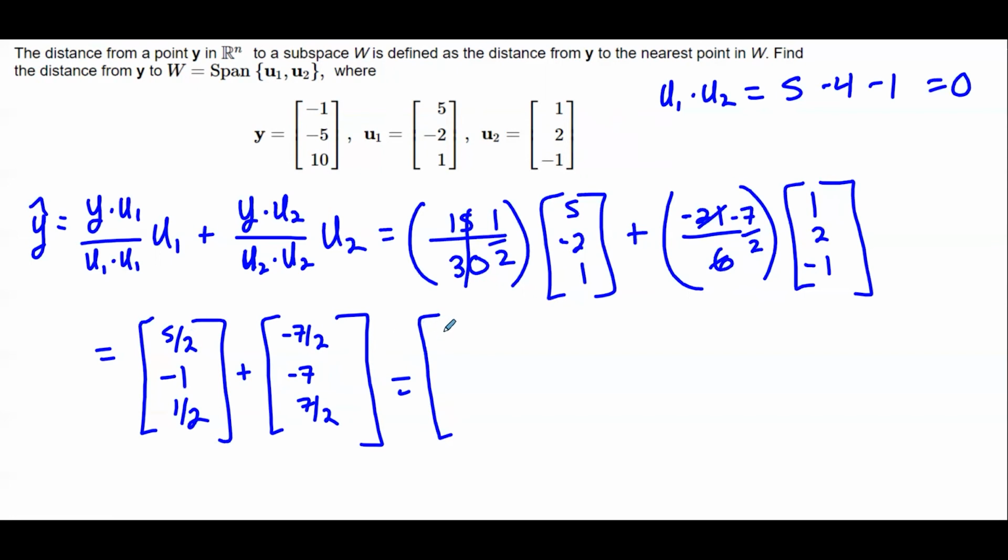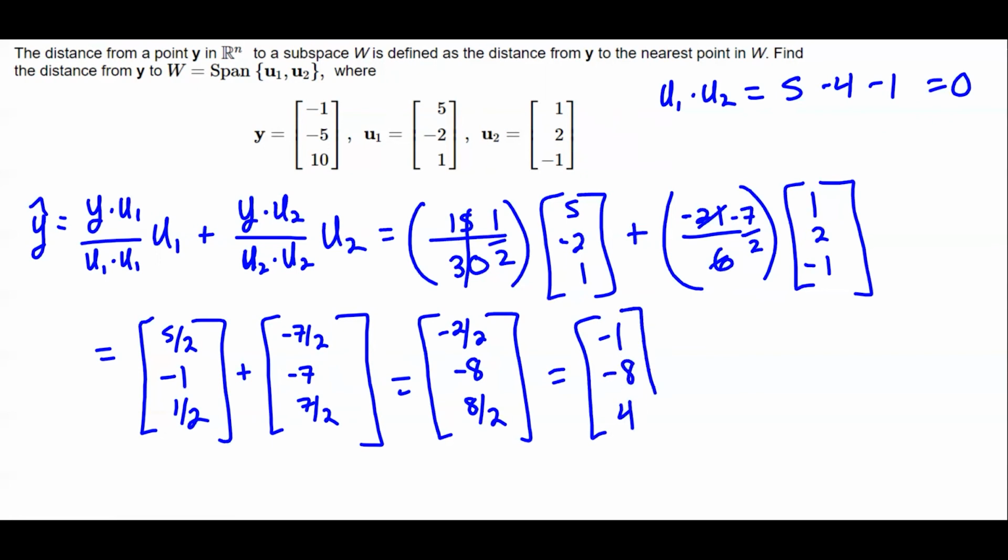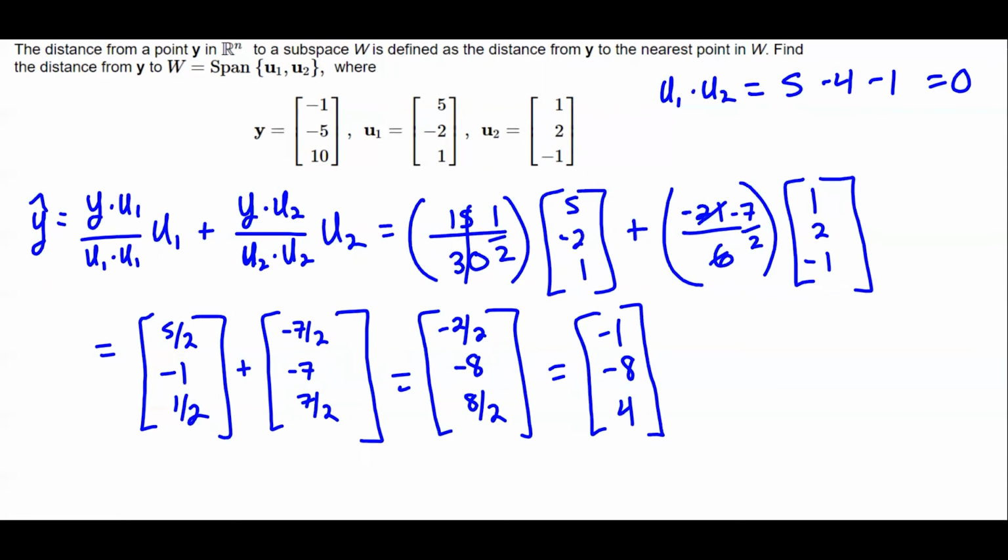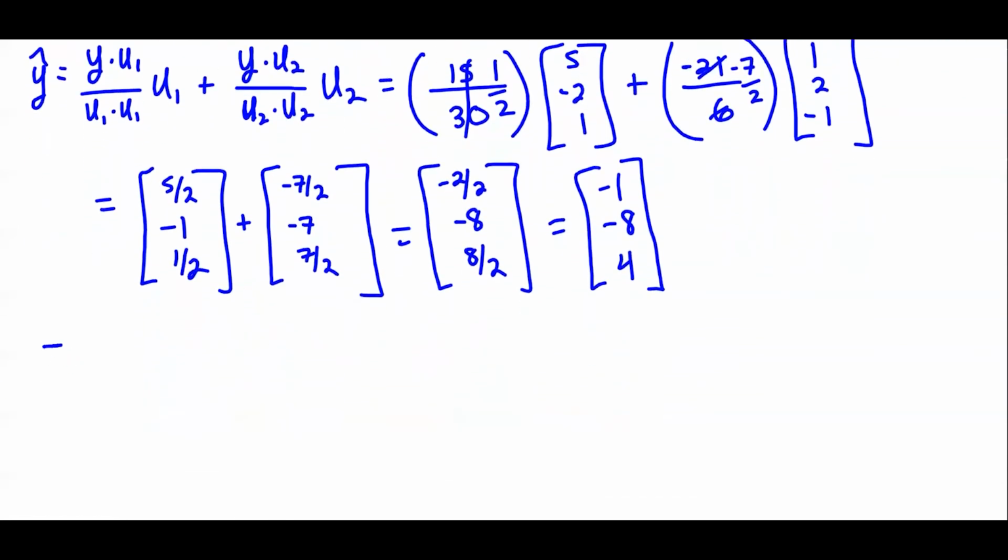But when I add these together, I get -2 halves, -8, and 8 halves. That gives us the vector -1, -8, +4. So that's my projection. So now I need to find the vector orthogonal to the plane, that's z.